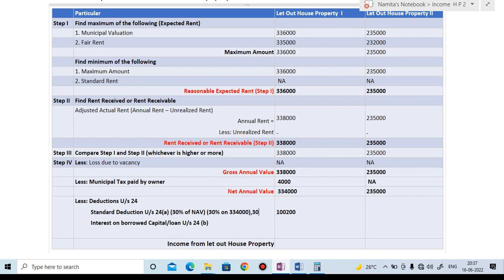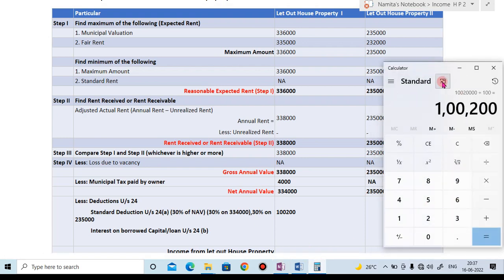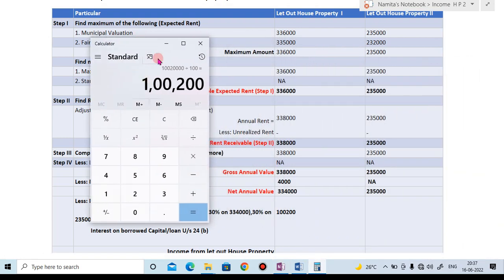Now for house number 2, 30% on 2,35,000. Okay, so for house property number 2, net annual value is 2,35,000. So find 30% on 2,35,000.